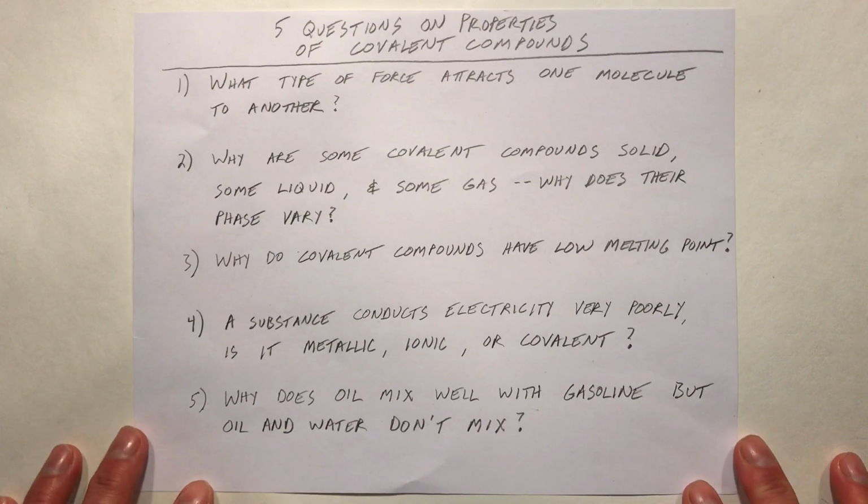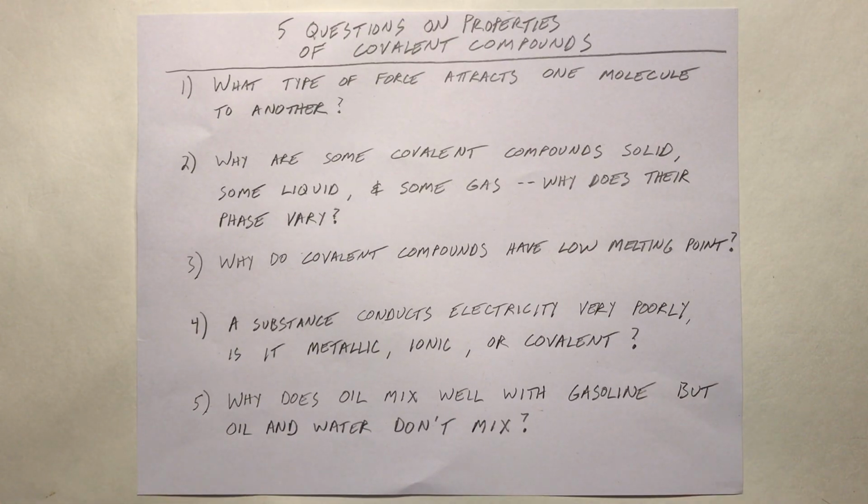All right, so if you understand what we talked about here for covalent compounds, you should be able to answer these 5 questions on properties of covalent compounds. Number 1, what type of force attracts one molecule to another? Number 2, why are some covalent compounds solid, some liquid, and some gas? In other words, why does their phase vary?